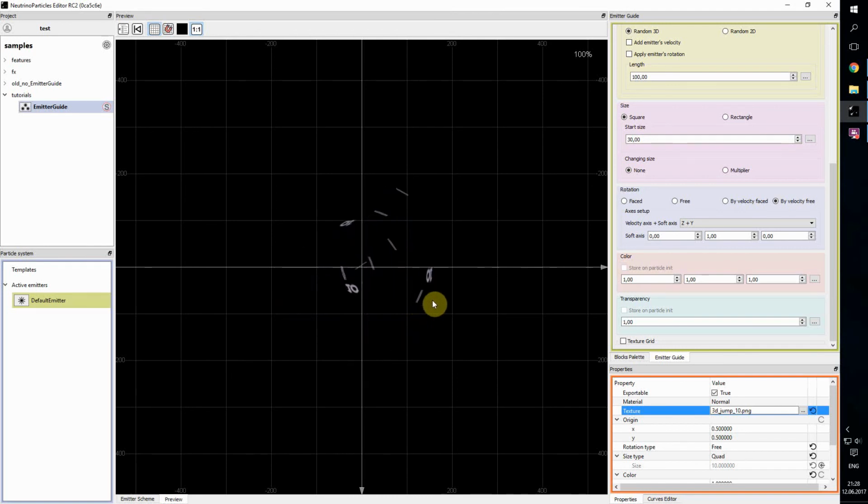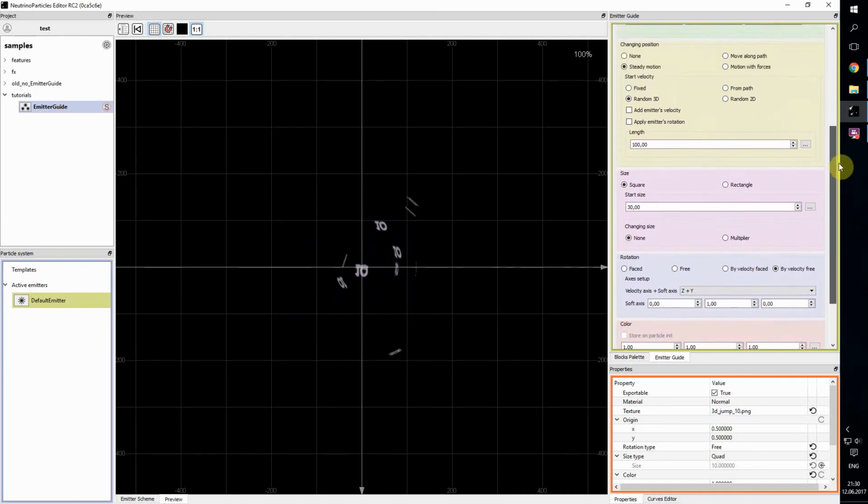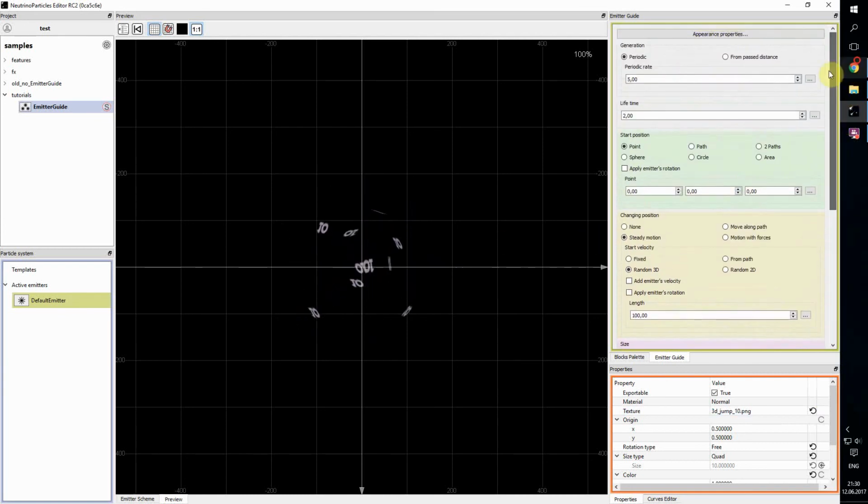So I suggest you play with these settings by yourself to get used to them a little.